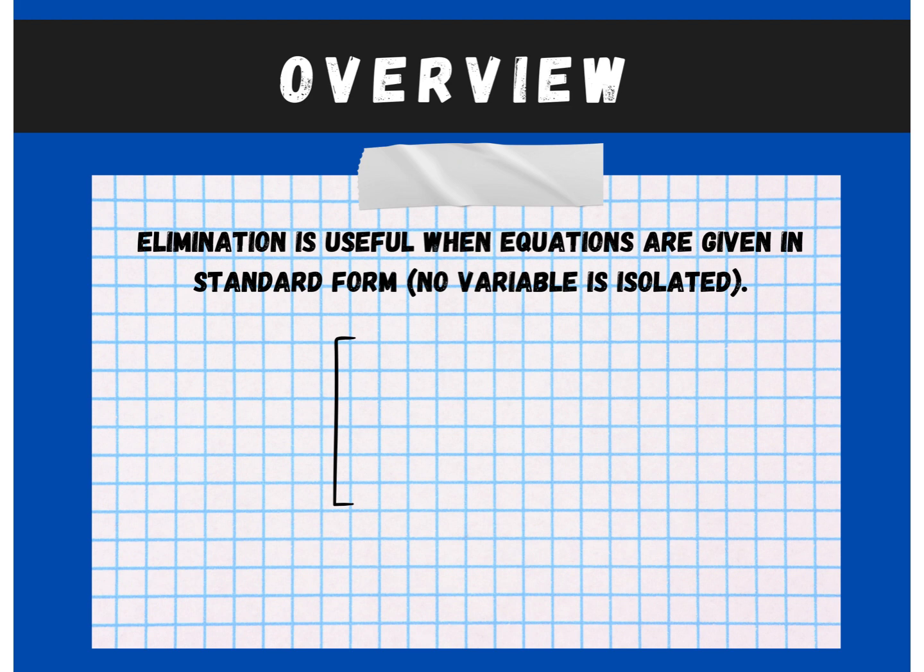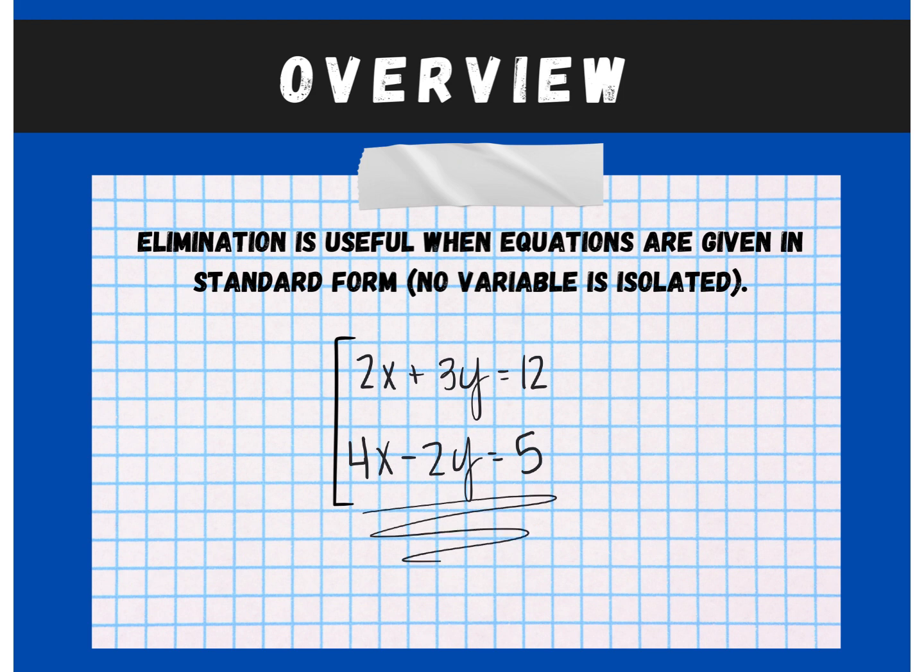You might see 2x plus 3y equal to 12, and let's say 4x minus 2y equal to 5. That's a great time to use elimination over substitution because it's really easy to leave those in their form and just start multiplying. In this case, if I multiply by negative 2, I know that my x's will eventually cancel. So elimination is useful in that.